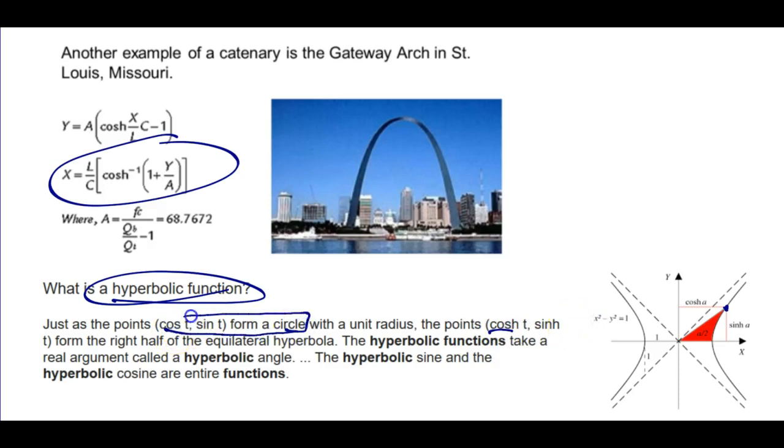Just like cosine and sine are points on the unit circle, we have points on this hyperbolic function. Instead of x comma y, we've got the x distance as cosh, and the y distance as sinh, meaning hyperbolic cosine and hyperbolic sine.